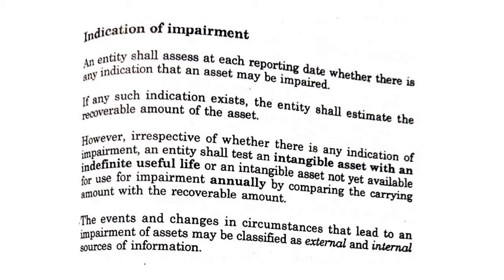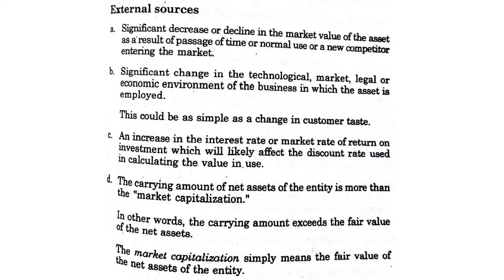The events and changes in circumstances that lead to an impairment of asset may be classified as external or internal sources of information. Kapag external, syempre galing sa labas ng company yung information. Kapag internal, nangyari lang sa loob yung nakaka-apekto sa impairment noong asset. At saka nilay down dyan yung external sources. So, in-specify lang.